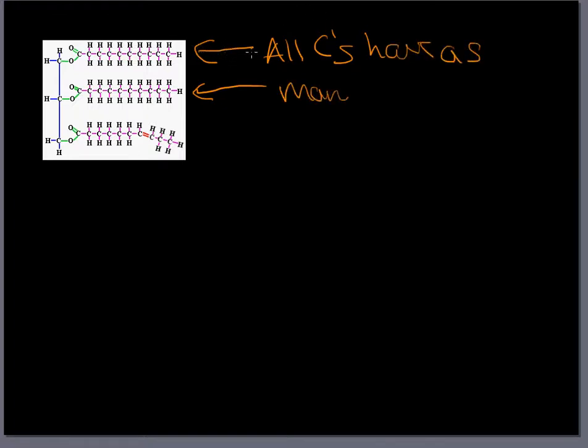And let me put our picture back up. Okay, here he is again, because I need to talk to you about the chains themselves. We take a look at this chain, and we take a look at this chain, we can see that all of the carbons have as many H's as they can hold.